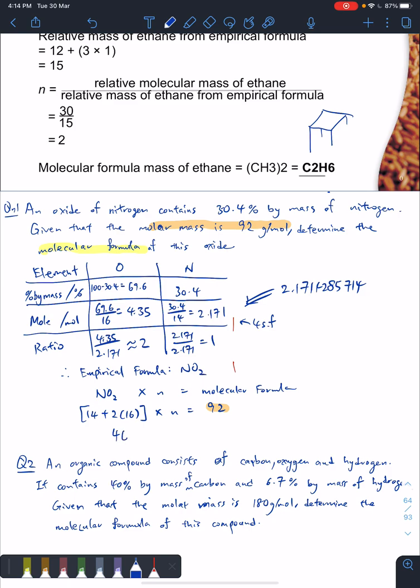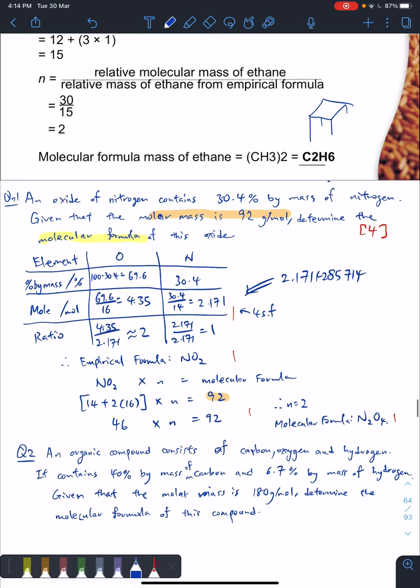So 46 times n equal 92. Therefore n equal 2. So the molecular formula is 2 times of it, which means it's N2O4. And that's your 4 marks. This is a 4 mark question, quite a standard question that will keep coming out, even in O levels.